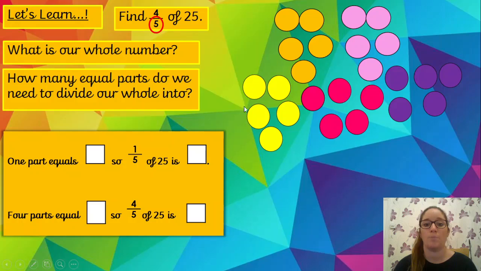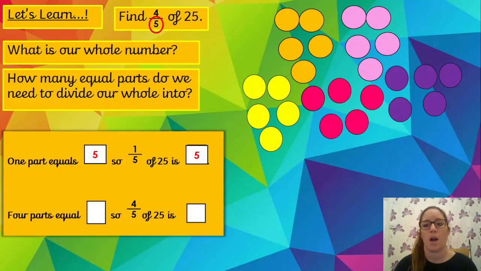If I look at one part, say the yellow ones, how many have I got in my one part? We can see that we've got 5 yellow counters. So that tells us that 1/5, so one part out of my 5 parts is 5. So 1/5 of 25 is 5.